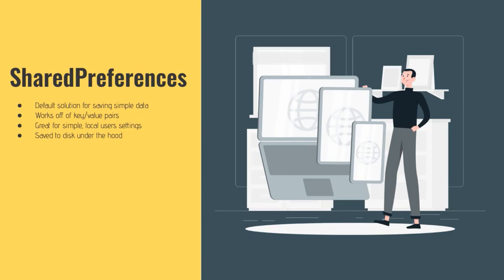It's not something that needs to be persisted across devices necessarily, so we can store it locally using shared preferences. And ultimately, shared preferences actually are using files under the hood, but the API is nice and it abstracts that away from us. So as developers, all we really need to do is set and retrieve key value pairs.